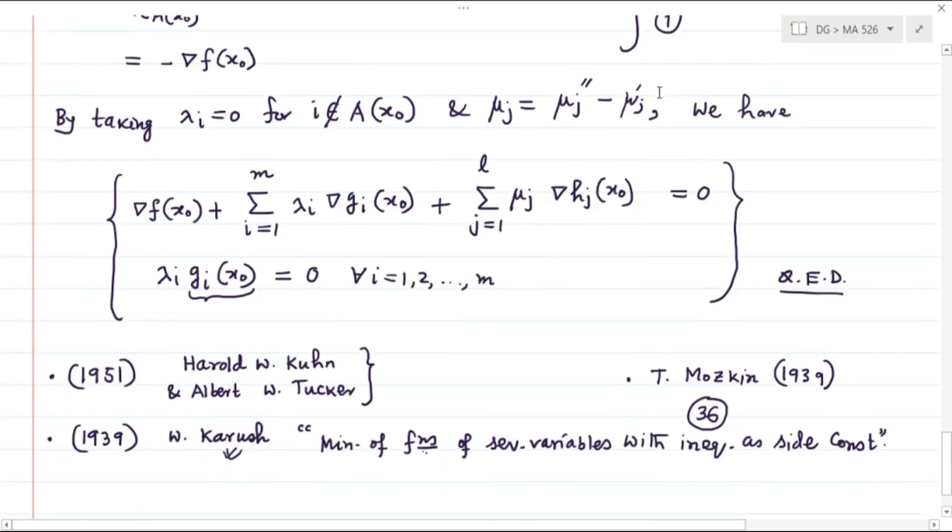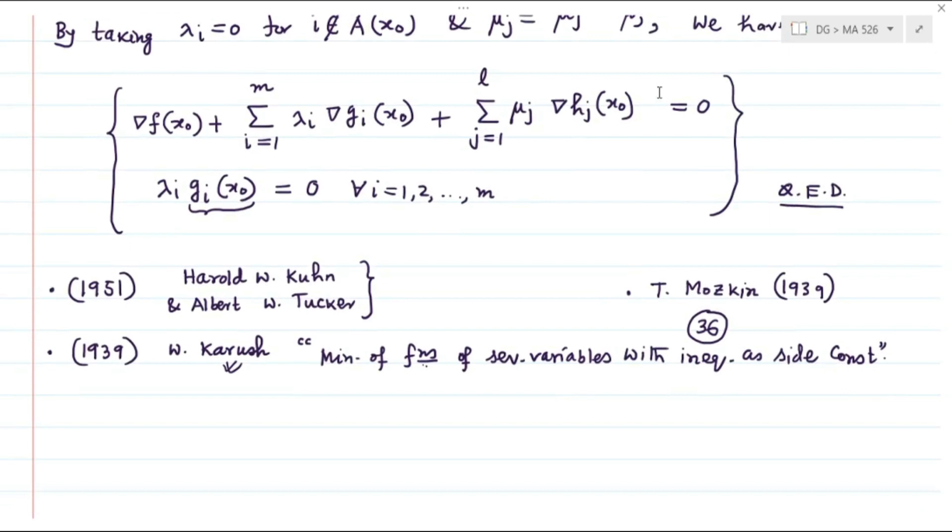A much more surprising fact is that in 1948, Fritz John derived an optimality condition for constrained optimization problems where the constraints are inequalities, possibly non-linear inequalities.